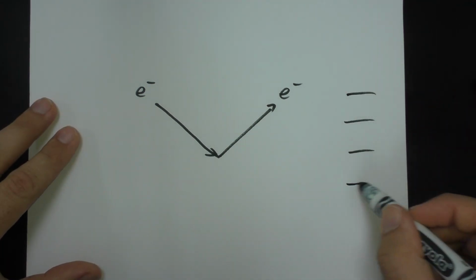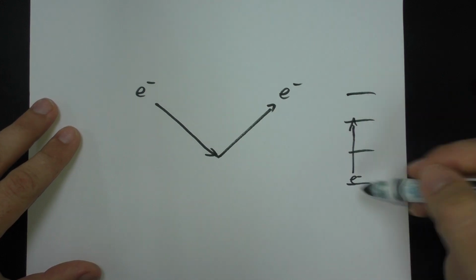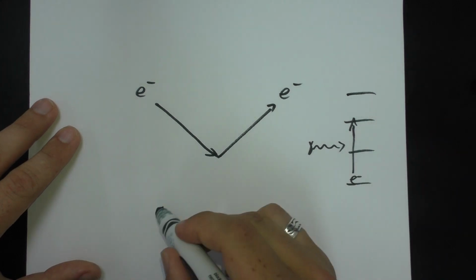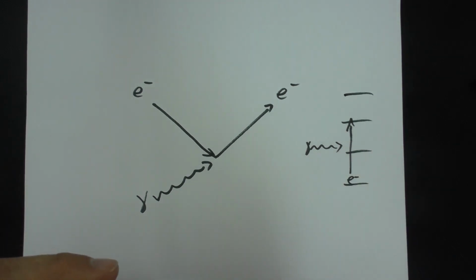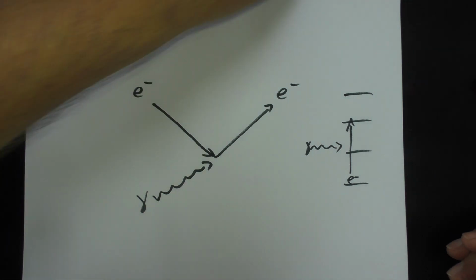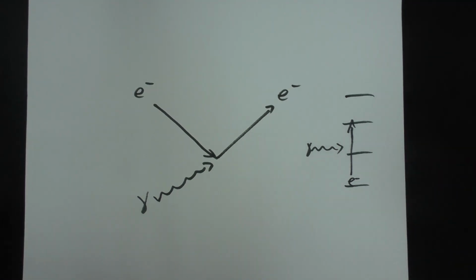Remember the energy level diagrams? Electrons can go up energy levels. How do they go up energy levels? Well, they do that by absorbing a photon. Well, here we can show that absorption here. And that is a Feynman diagram of an electron absorbing a photon.